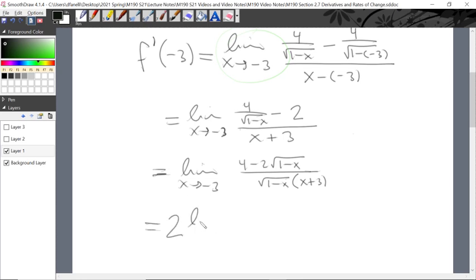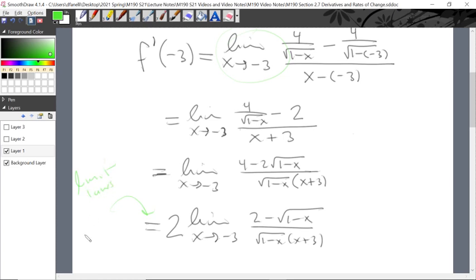So this is the same as 2 times the limit x goes to -3 of 2 minus root 1 minus x over root 1 minus x times x plus 3. So take a look at limit laws. I've taken a constant out of the function. When you take the limit of a constant times a function, you can put the constant in front of the limit.